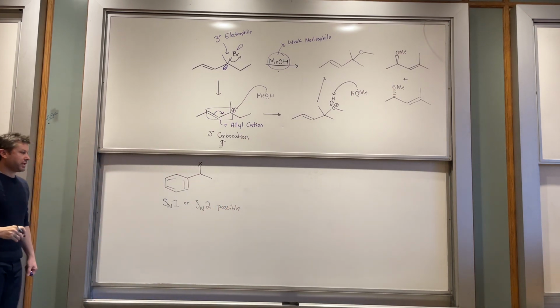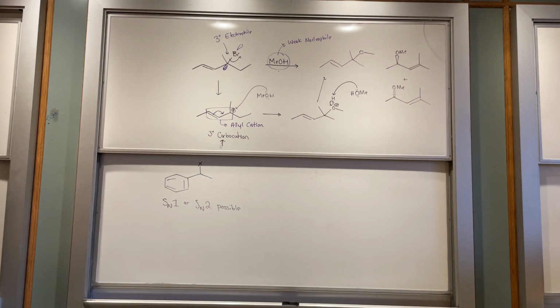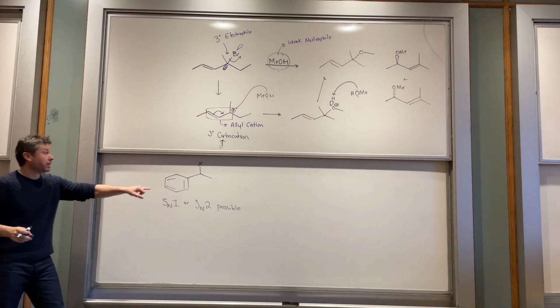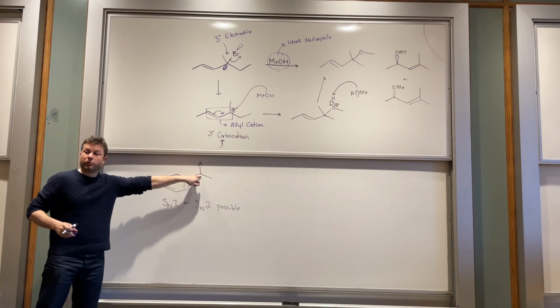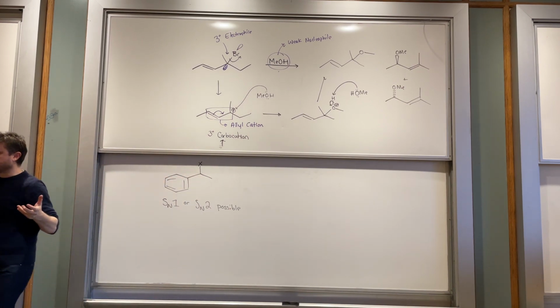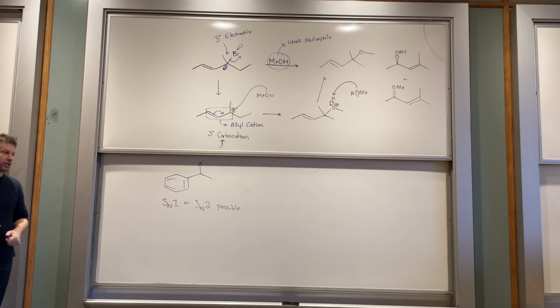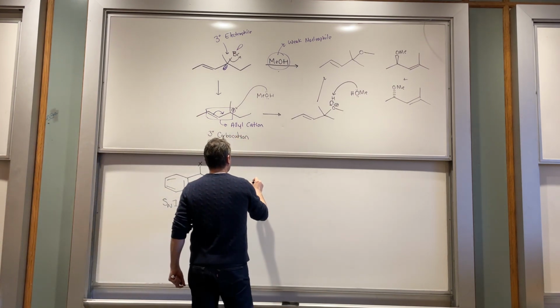So in this molecule, SN1 or SN2 reactions would be possible, right? Because if we lose that leaving group, we will form a stabilized benzylic carbocation, right? Just through conjugation. Same thing with the allylic group that we just saw.